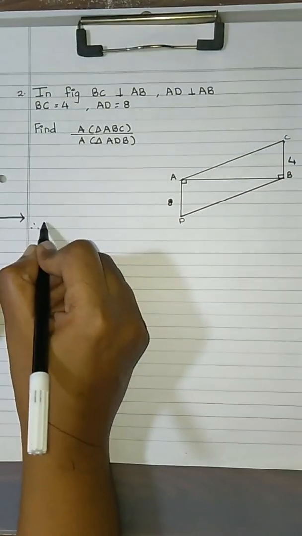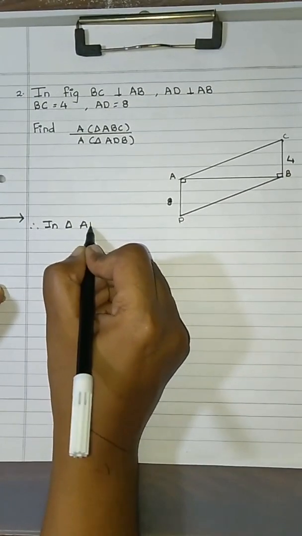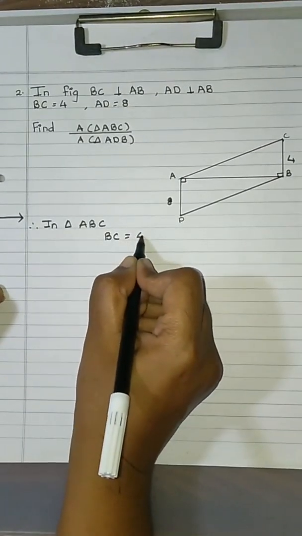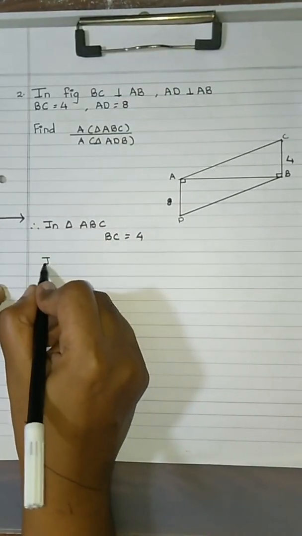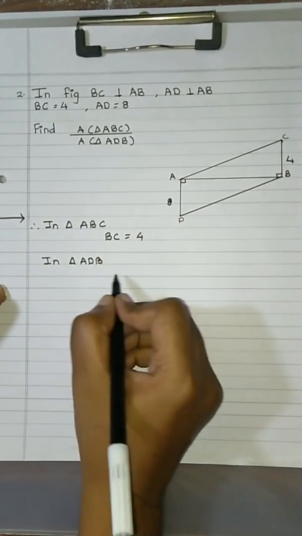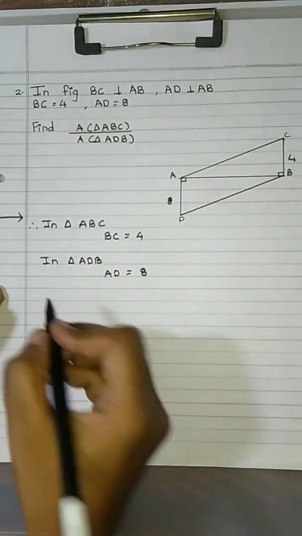Therefore in triangle ABC, BC is equal to 4 and in triangle ADB, AD is equal to 8.